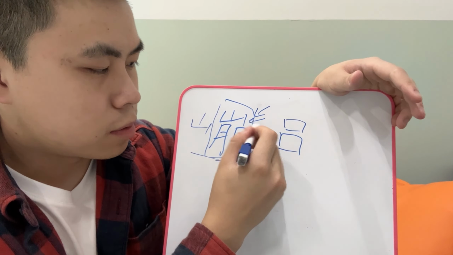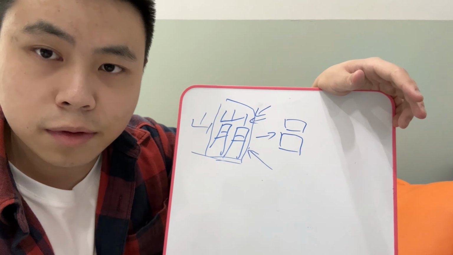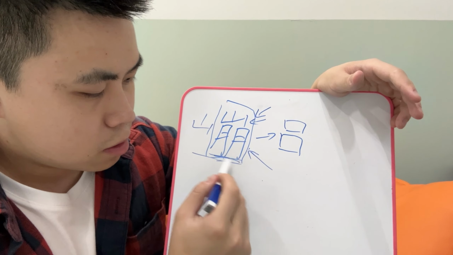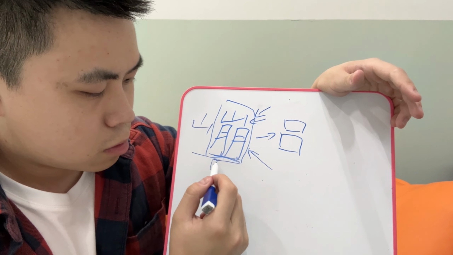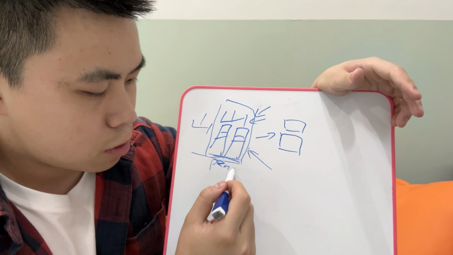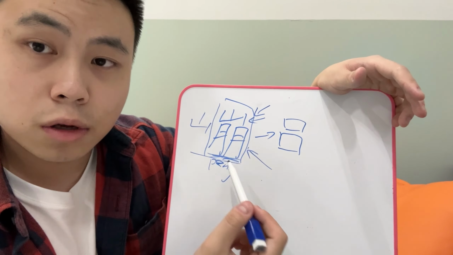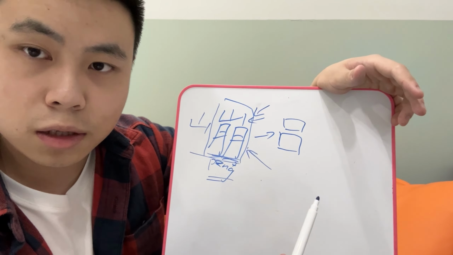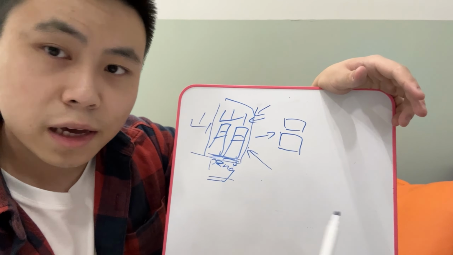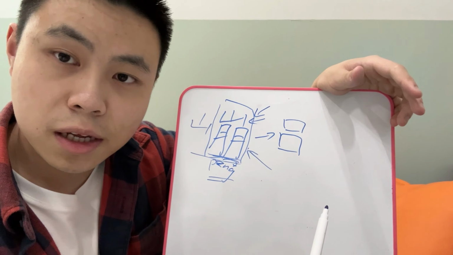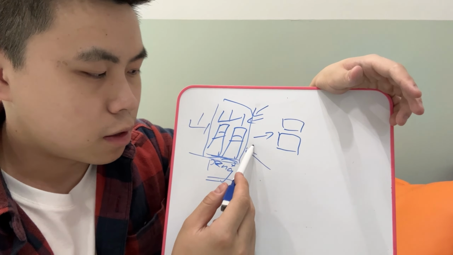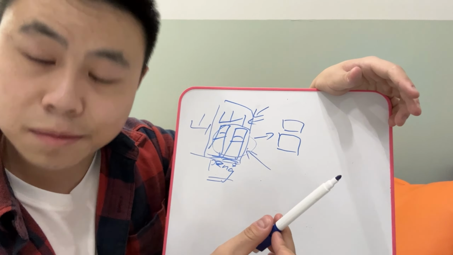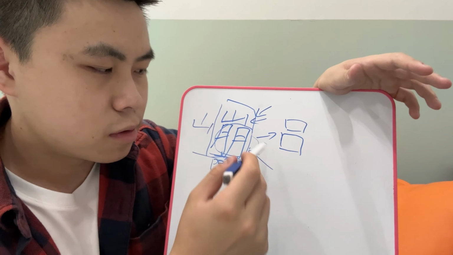It has a mountain, so it probably has something to do with a mountain. You can guess a character's meaning by looking at one part of it. Sometimes you don't know, you can just guess.